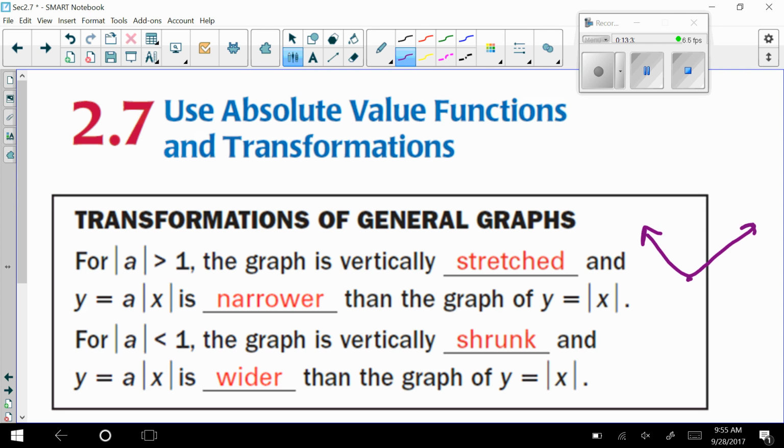Here's your vertex. If the absolute value of a is greater than 1, it's stretched and it's narrower than the graph of y equals absolute value of x. If it's less than 1, the graph is vertically shrunk and it's wider.